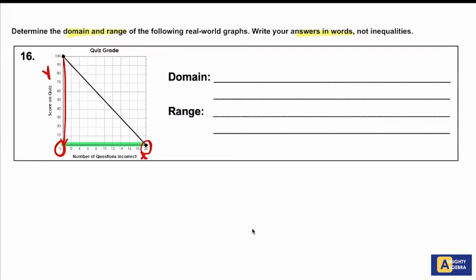When we write our answer, we're not going to use inequality symbols like we did in number 1. We're going to express this in words. This is how we do it.